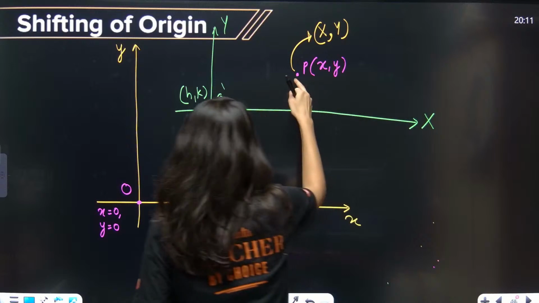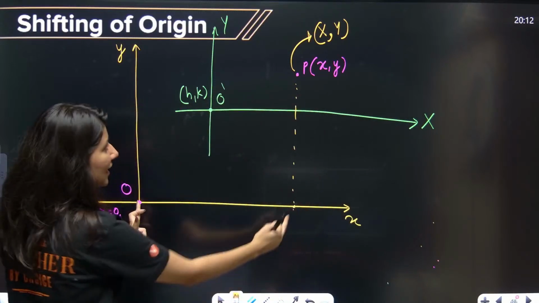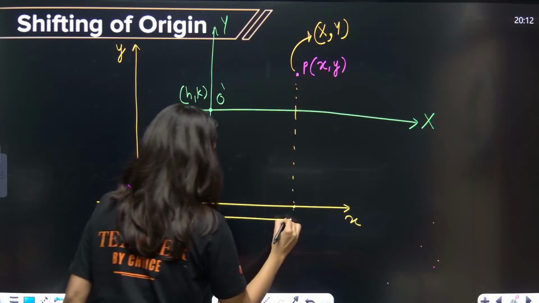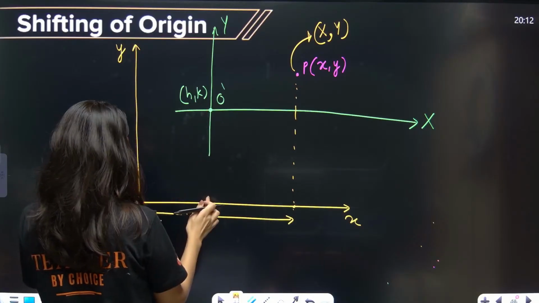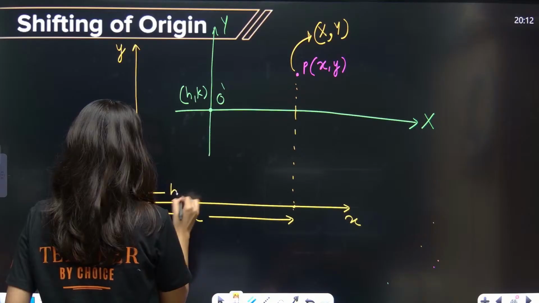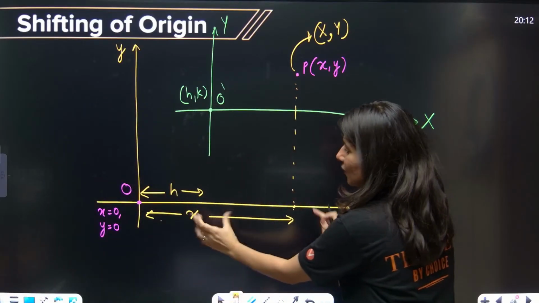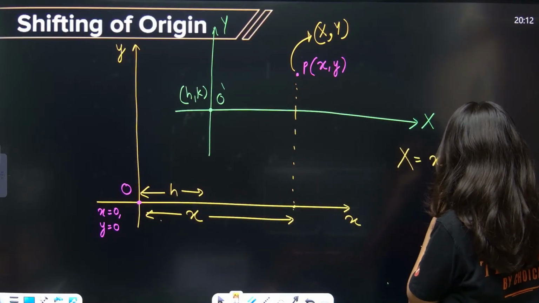Now just tell me one thing: this is X comma Y, what will be this particular length? This length will be small x. And this particular length is h. So what will be this length? Can anybody tell me? So x minus h. So capital X is nothing but x minus h.